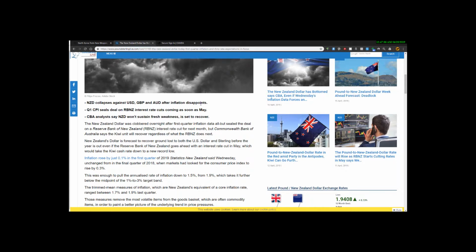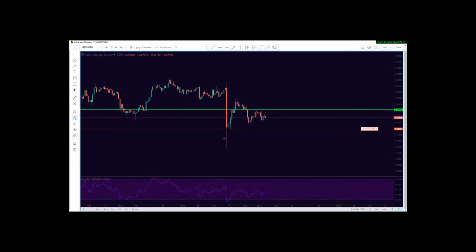Now, in terms of the trade reversing on me and not following through, last night China came out with data, and that caused the New Zealand dollar and the Australian dollar to go up because they're close partners. So right now we're just going to monitor this trade because I'm thinking overnight it's probably going to be going down.